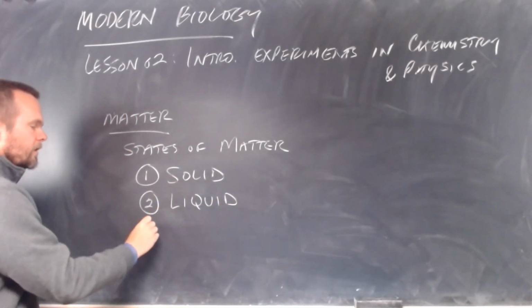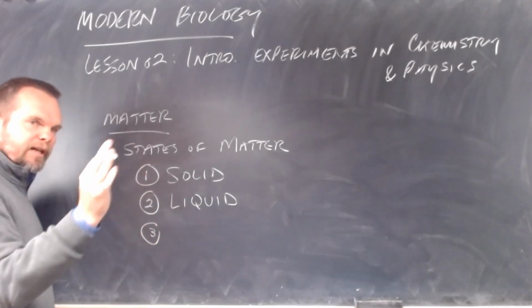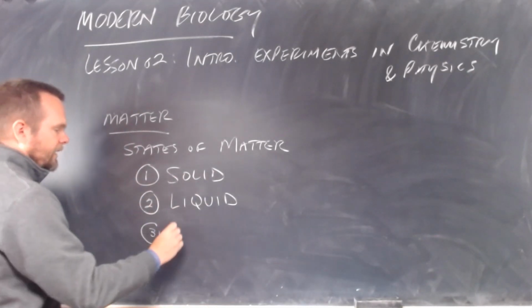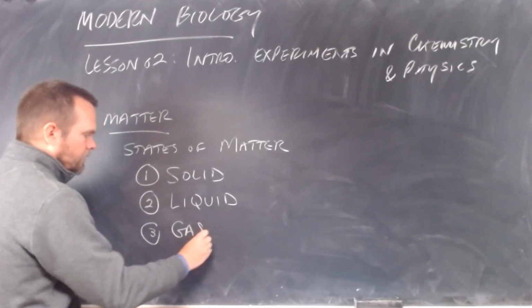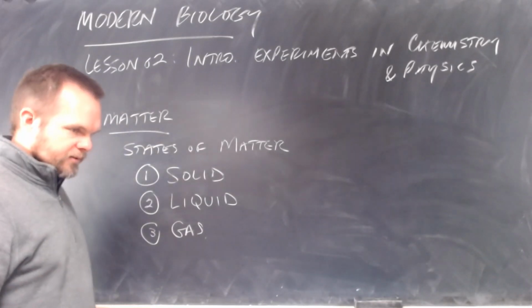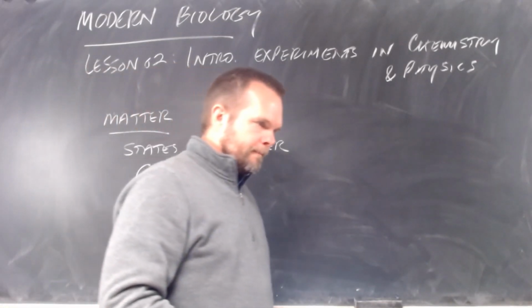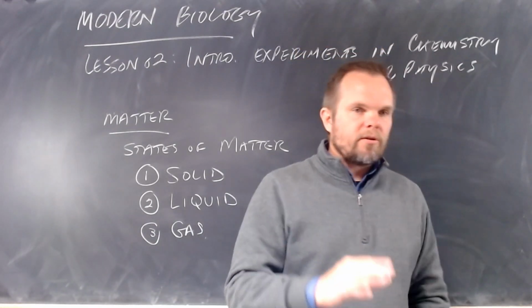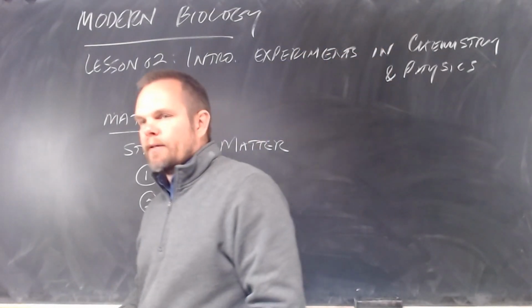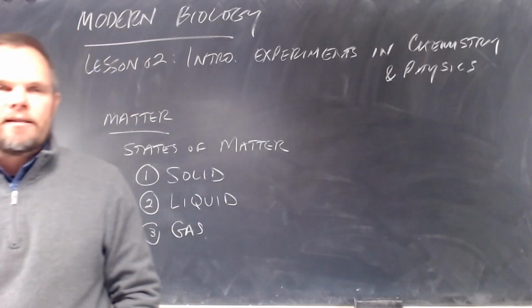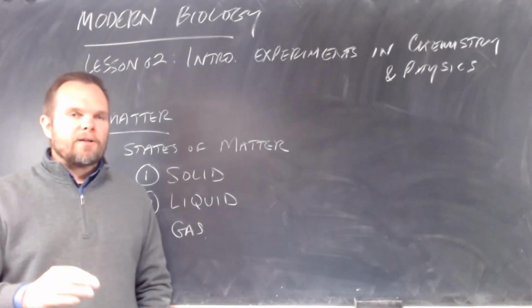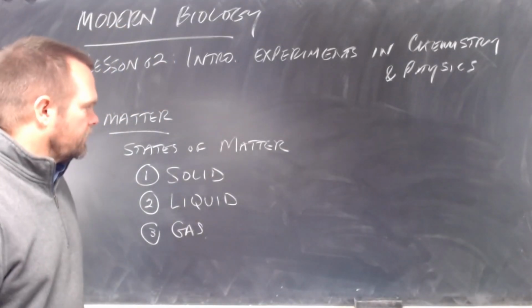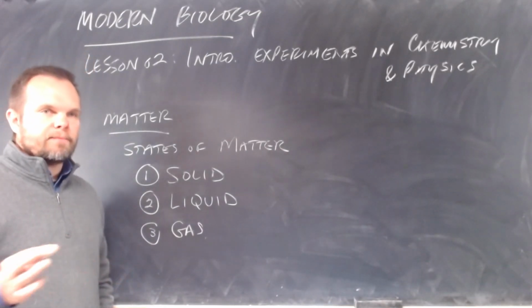And when boiled, the water does not change. It changes its state and becomes a gas. So these are called the 3 states of matter, the 3 different states in which matter can exist at any time.